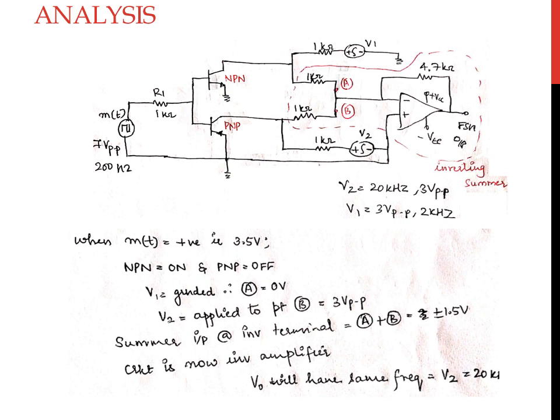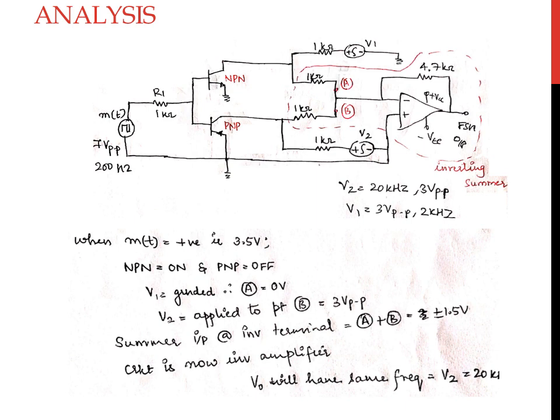The NPN transistor will pull the carrier voltage V1 to ground and act like a short circuit, whereas the PNP transistor will be turned off since it is operating in the cutoff region and will act like an open circuit.